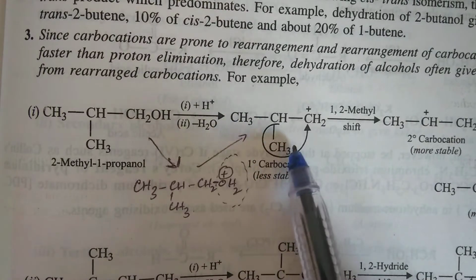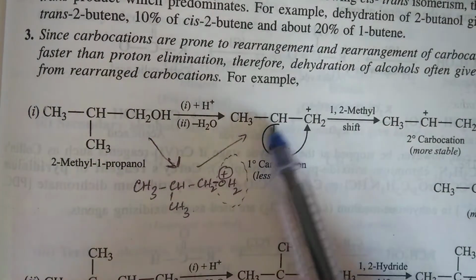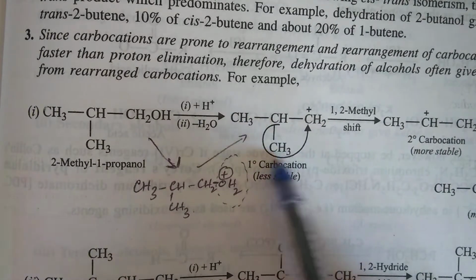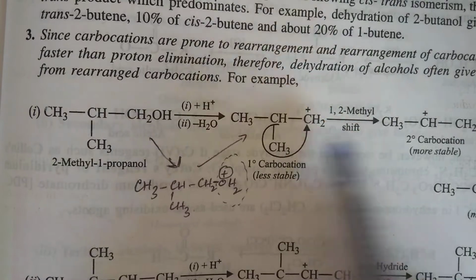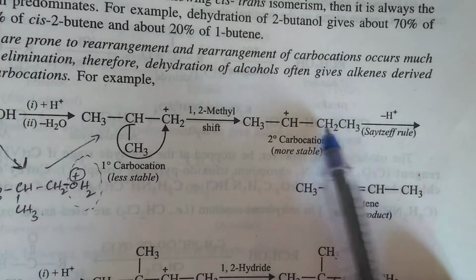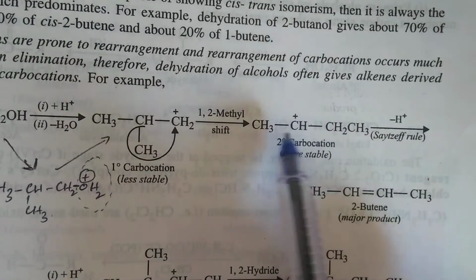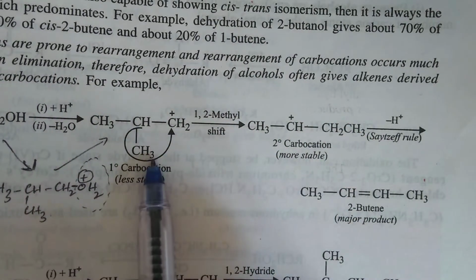So what is this called? This is called a methyl shift. The methyl group is getting shifted from its position to the adjacent position, right? Now when this is getting shifted, it will become CH2, CH3, okay? Now you are having a secondary carbocation which is more stable than this primary.